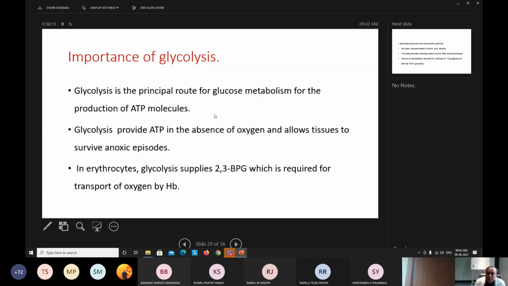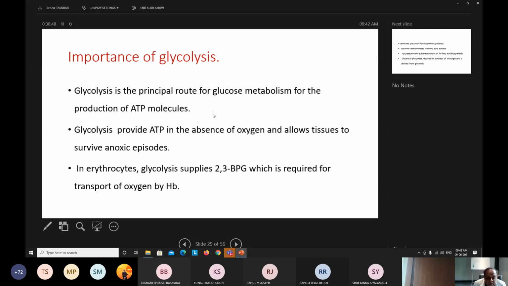Now coming to the importance of glycolysis. First, it is the first major pathway used for the production of ATP molecules. It is a principal route for glucose metabolism, and it provides ATP in the absence of oxygen and allows tissues to survive anoxic episodes.